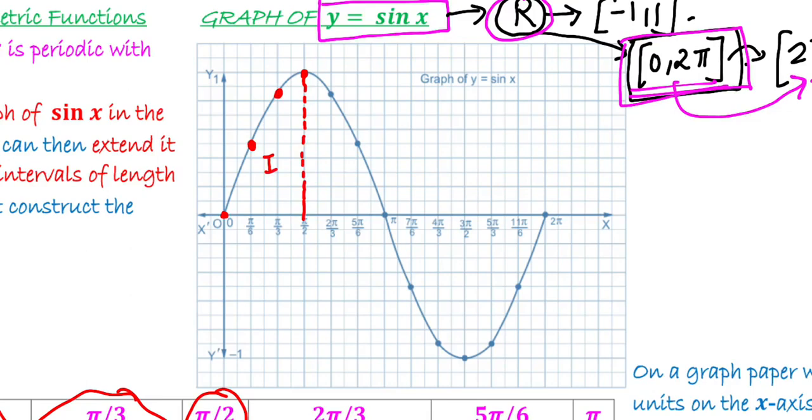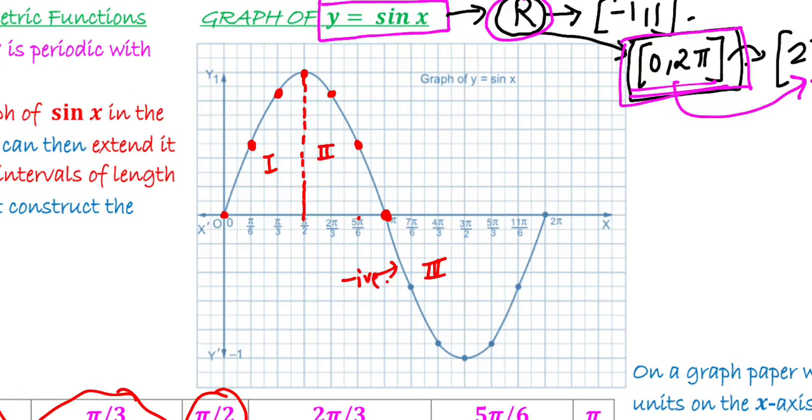Then after that, for 2π/3, the value will be again 0.87. For 5π/6, the value will be 0.5, and for π, the value is 0. So this is the portion of the graph in the second quadrant. Further, moving towards the third quadrant, we obtain that the values of sin x are negative.